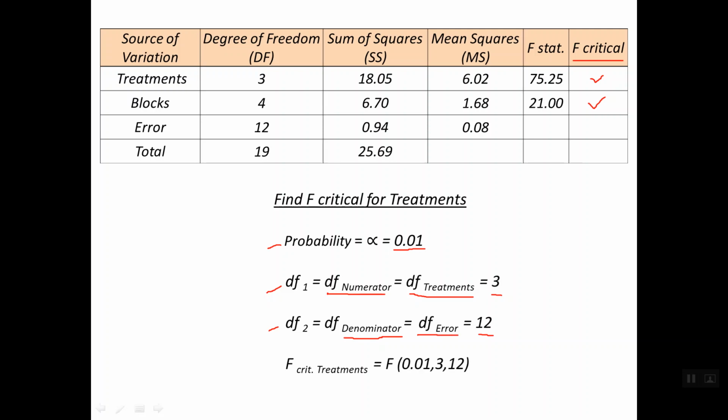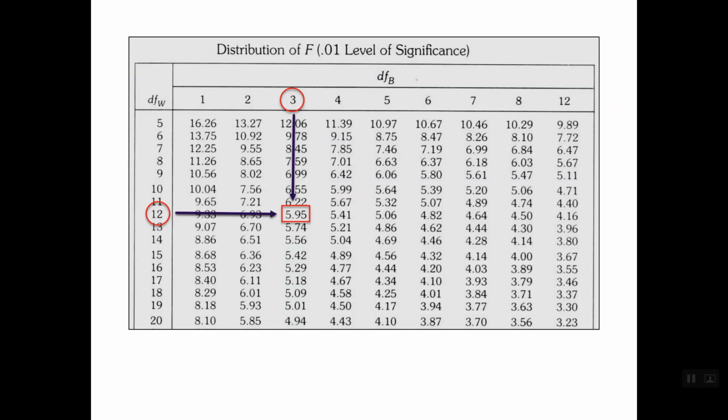So we need to determine the value of the F critical for the treatment for probability equal to 0.01, first degree of freedom equal to 3, and second degree of freedom equal to 12. We can simply return to the F distribution table for a probability of 0.01, same as what we have here.